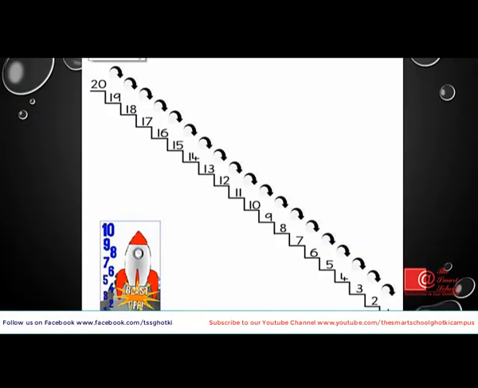Children, did you enjoy backwards counting? I really enjoyed. It was fun to count numbers in backward sequence, starting from the bigger number and coming to the smallest number.